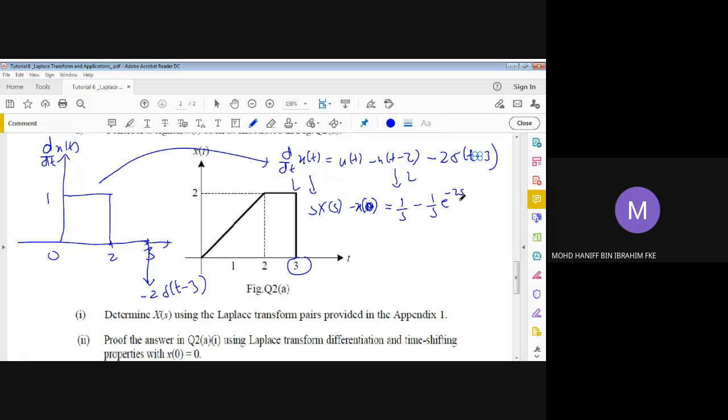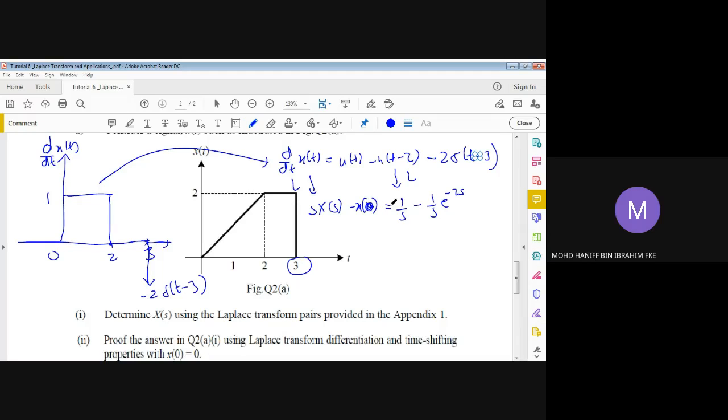And for the third one, delta t minus 3, if we refer to the table, let me see the table. Okay, this is my Laplace transform table.